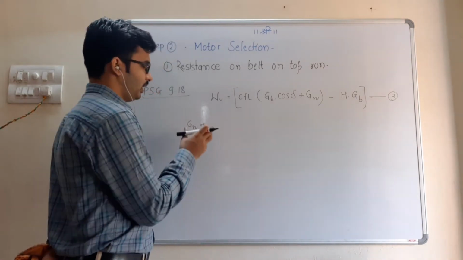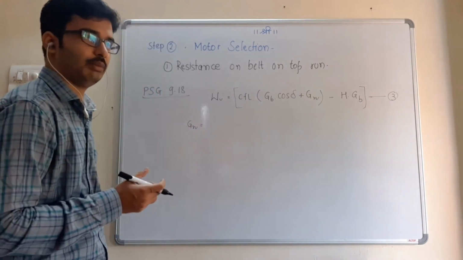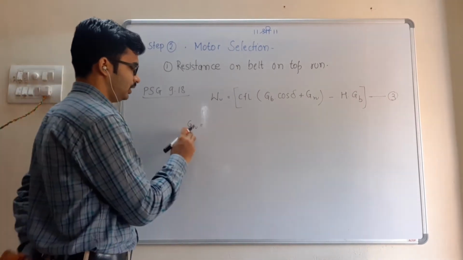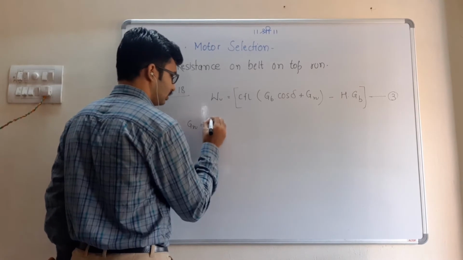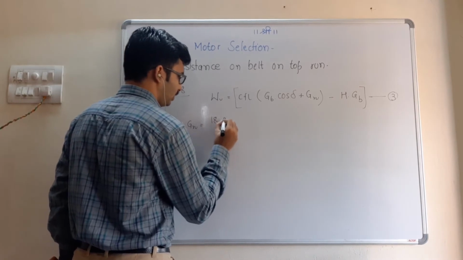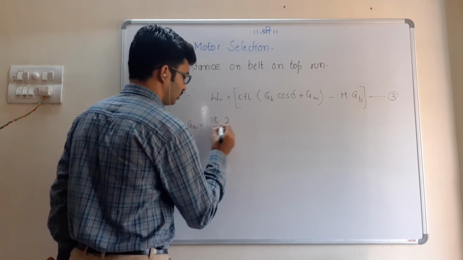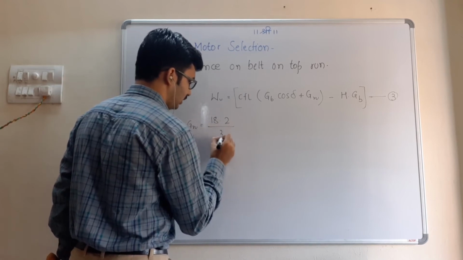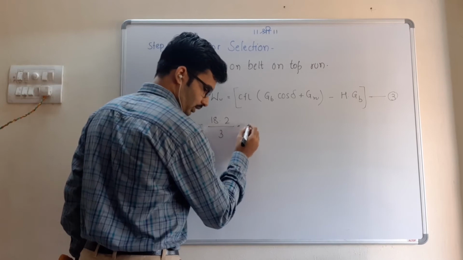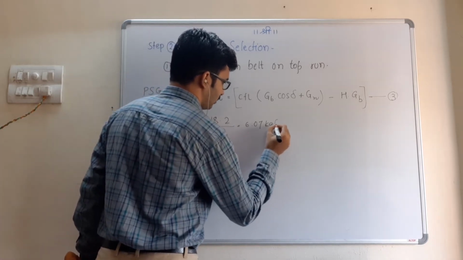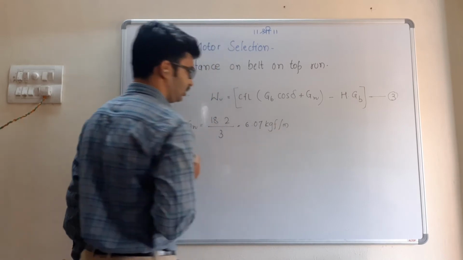Now from PSG 9.19 we have one table for straight idlers and return idlers. This GRU is calculated as 18.2 divided by 3, so that is 6.07 kgf per meter.